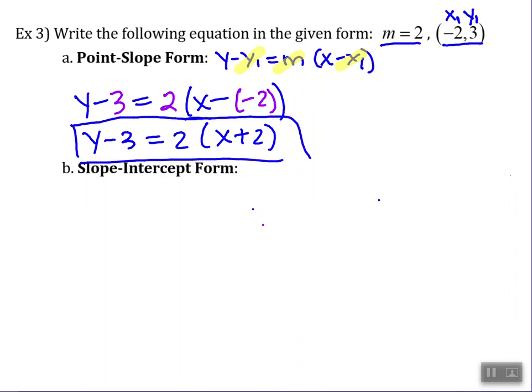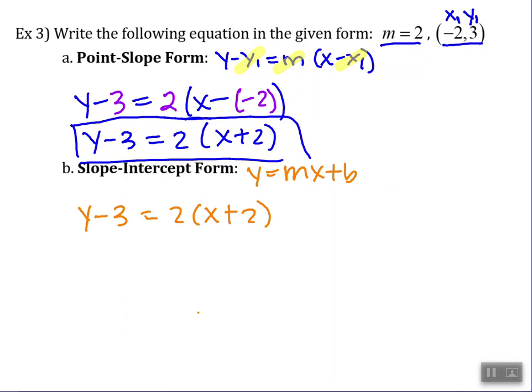And then from there, I can write it in slope-intercept form. Remember slope-intercept form, y equals mx plus b. So I'm going to copy down this same equation right here, y minus 3 equals 2(x plus 2). Now I'm going to do the same thing I did before.